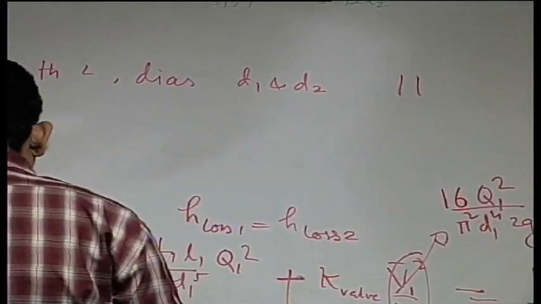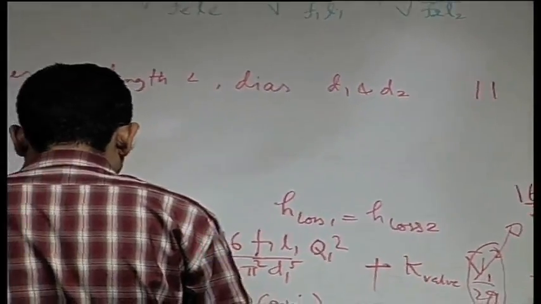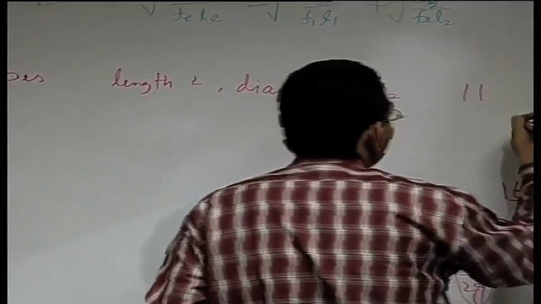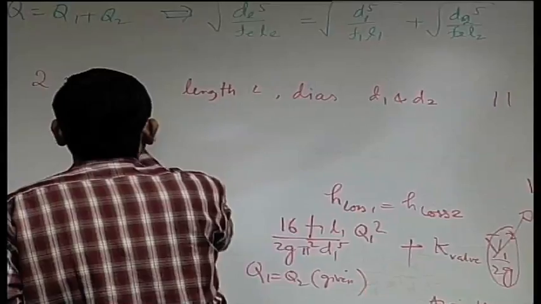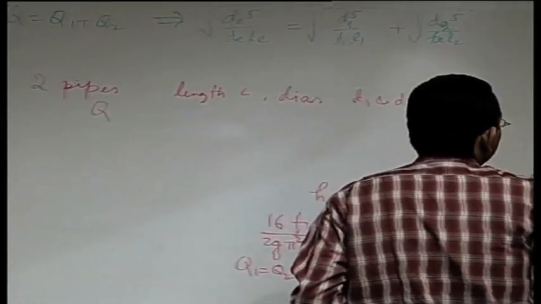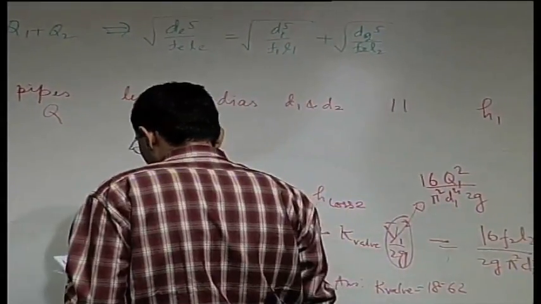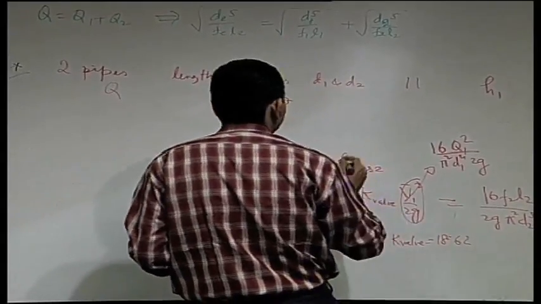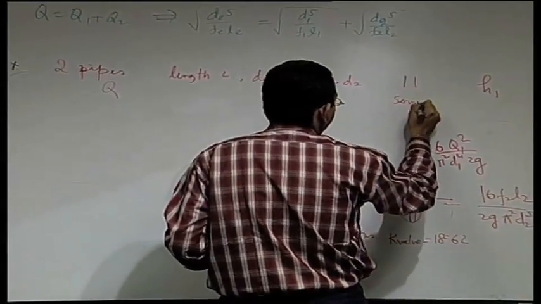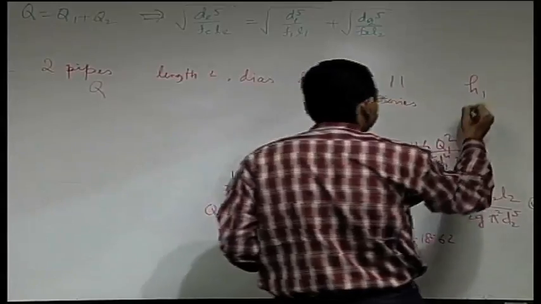When they are arranged in parallel, the loss of head for a particular flow rate Q is H1, and the same pipes when they are arranged in series, the loss of head is H2.